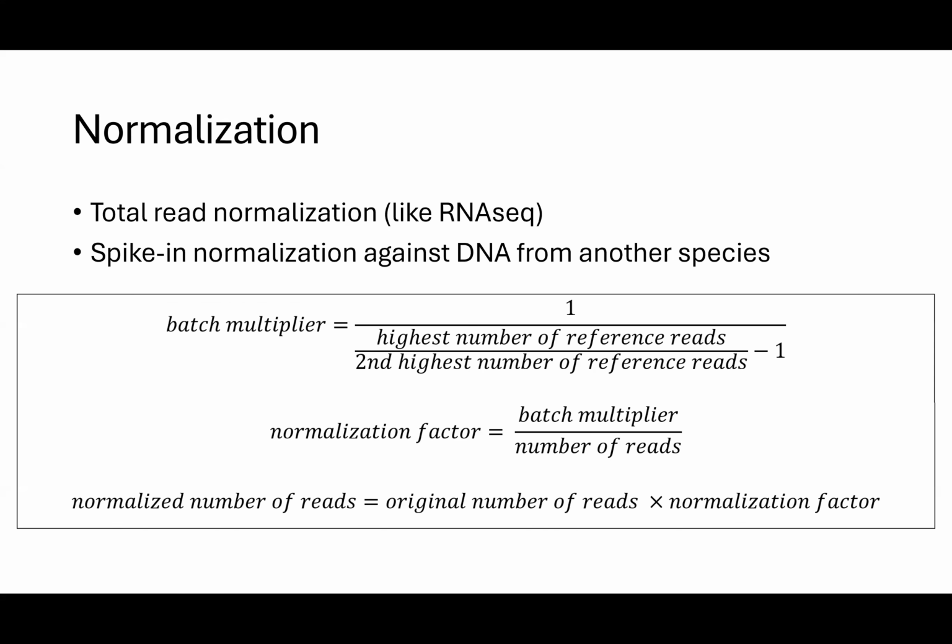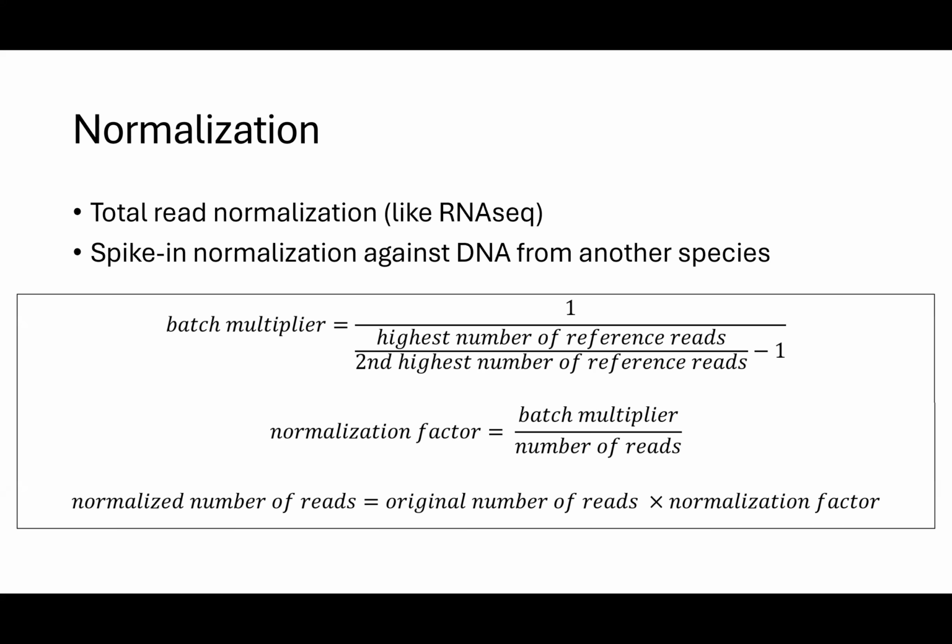So for this, we want a better sense of the actual amount of DNA we put into sequencing. The easiest way to do this is to add DNA from another species to the library before you sequence it. This is called spike-in normalization. Usually people add E. coli DNA, which works really well as long as you're not studying E. coli.